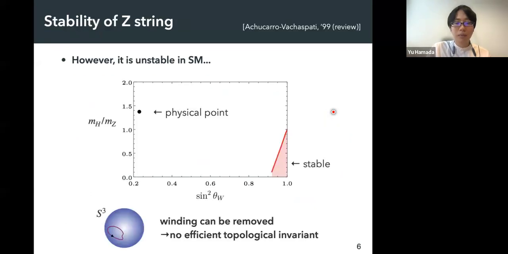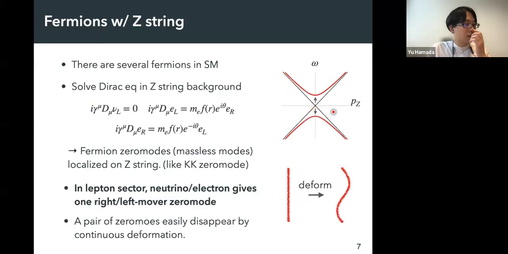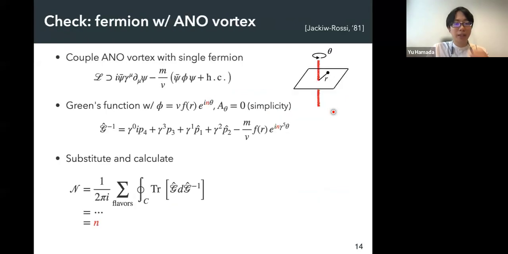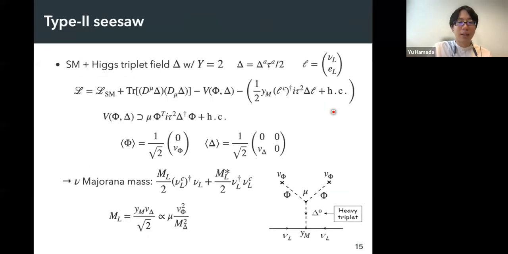For example, in the type 2 seesaw model, we have a Higgs doublet and a Higgs triplet. Still, in this model, we have a vacuum manifold F3, which means that there is no topological invariant stabilizing the Z-string.